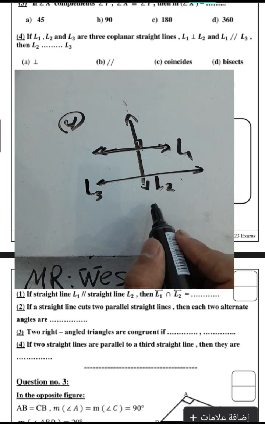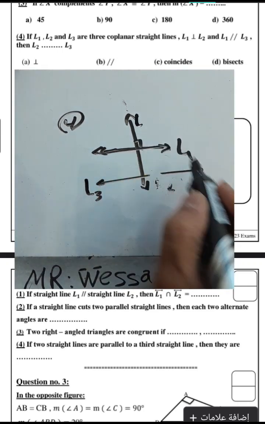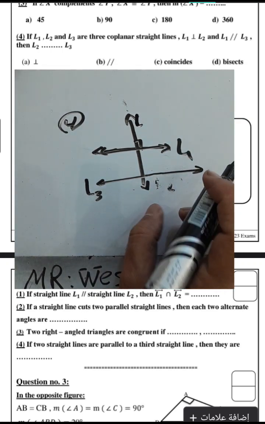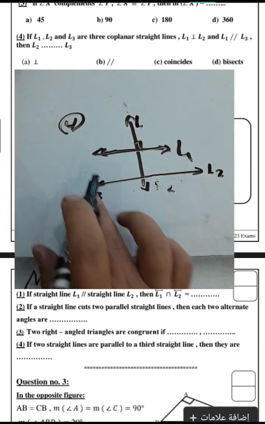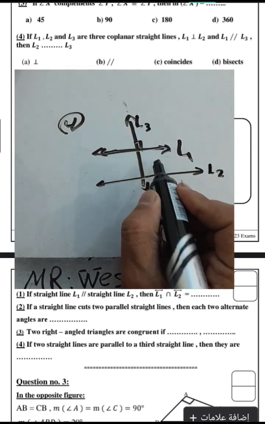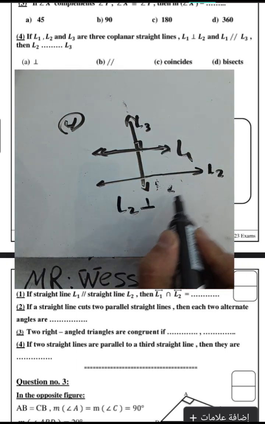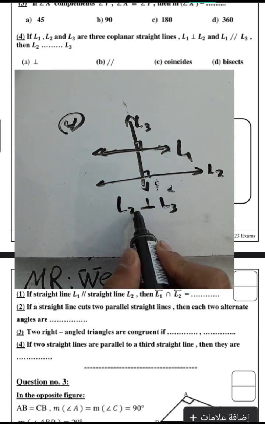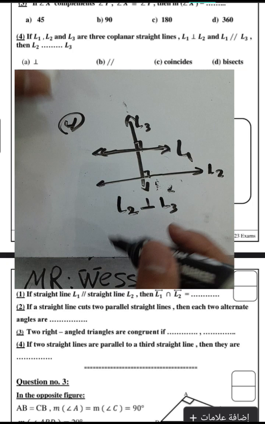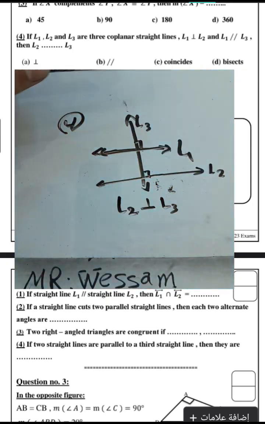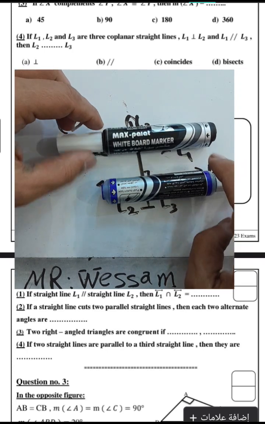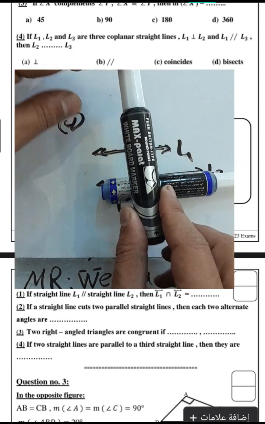Then we have here L1 parallel to L2 and L1 perpendicular to L3, then L2 will be perpendicular to L3. The relation between L2 and L3 will be perpendicular. Again, we have two parallel straight lines, L1 and L2, and L3 is perpendicular to L1, then L3 is perpendicular to L2.